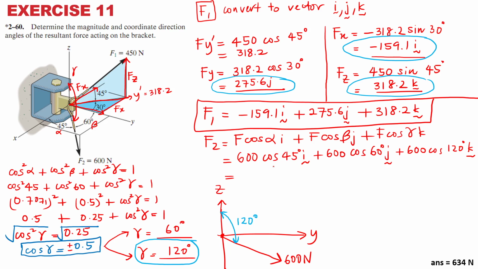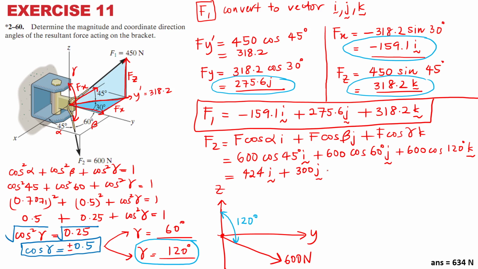Again, let us solve this. 600 cos 45, I'm going to simplify, 424.2 i plus 300 j and 600 cos 120.